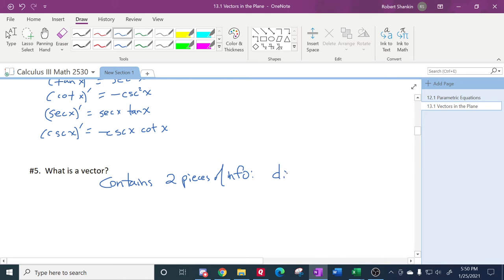A direction and a magnitude. So for instance, the wind, we might say it's 50-mile-an-hour wind, or we might say the wind is out of the northeast. But if we give both the direction and the magnitude, then we have the essential information for a vector.